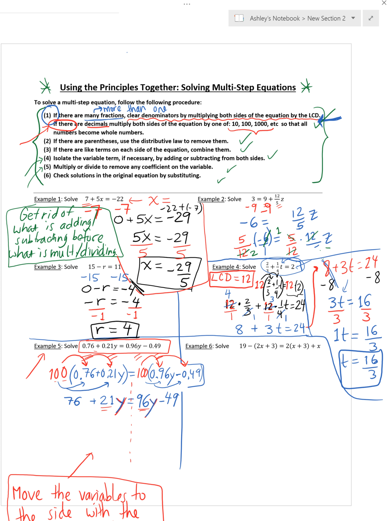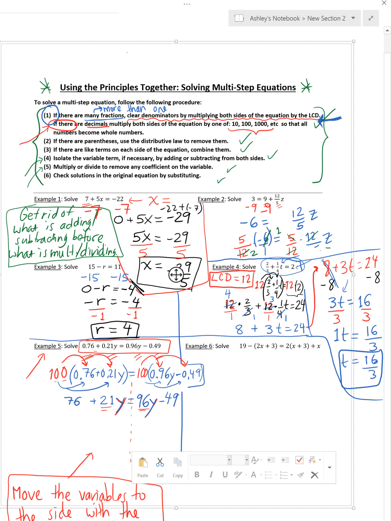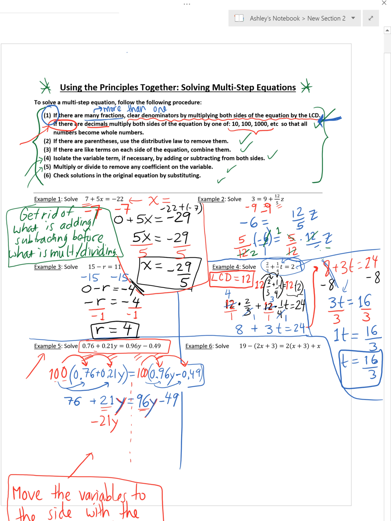So I want to zero it out. What can I add or subtract to 21y that'll make it become 0? Well, I'll just do the opposite. Since it's adding, I'm going to subtract it. Negative 21y on the left, negative 21y on the right. I think that'll do it, because 21y subtract 21y is 0.